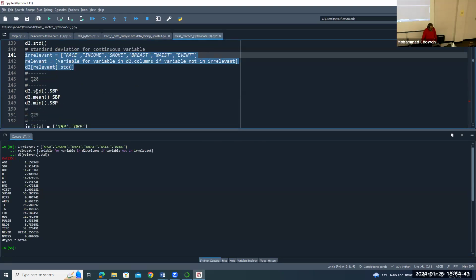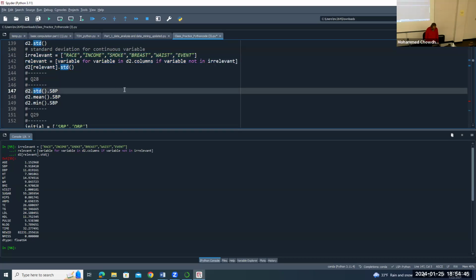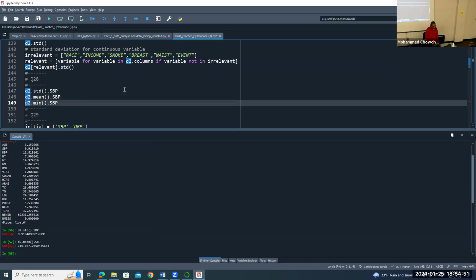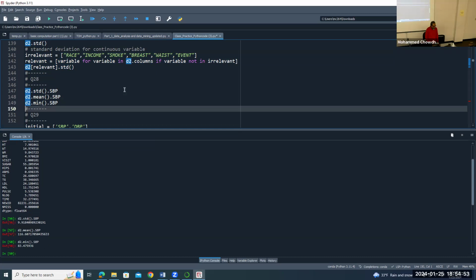Now this is the way you can find the standard deviation for each variable. This is the way to find the mean of the SBP variable. This is the way to find the minimum of the SBP variable. So you just took D2.std.SBP. On the other hand, in R, how can you write this?